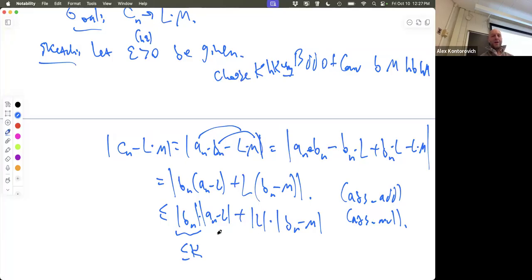And that means that this is bounded by K. L is L. We'll make the An minus L less than... we did this last time. Epsilon over 2K. We'll make this one epsilon over 2, and we'll make that one epsilon over 2. They'll add up to less than epsilon. This will be less than epsilon over 2 absolute value of L. Of course, at some point, we're going to need that absolute value of L is positive.